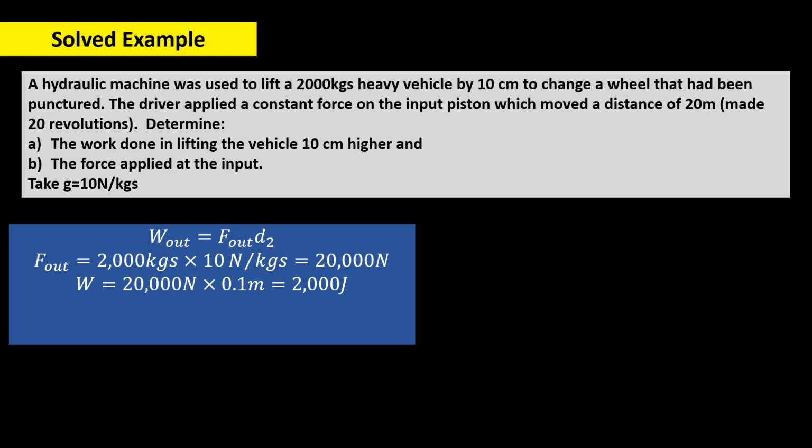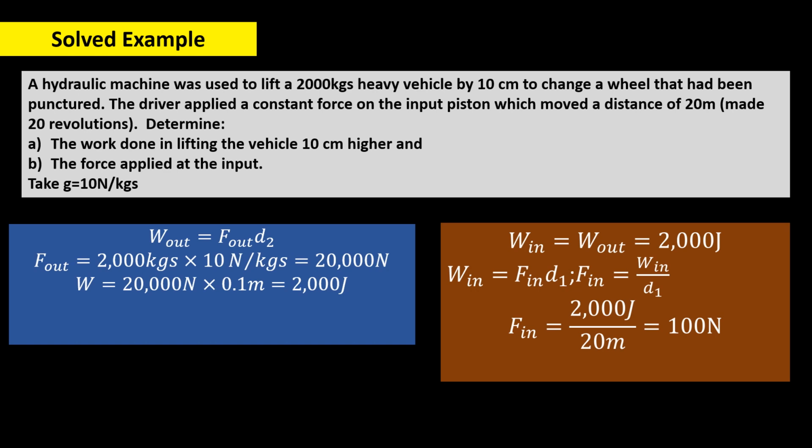So if the vehicle moved a distance of 10 centimeters, that is equal to 0.1 meters, and we have the mass of the vehicle, which is 2000 kilograms, we can calculate the force output to be 2000 multiplied by 10 to make 20,000 newtons, and then work done in lifting the vehicle has to be 20,000 multiplied by 0.1 meters to make 2000 joules or 2000 newton meters.